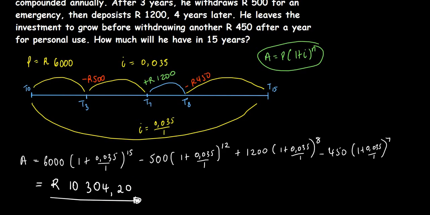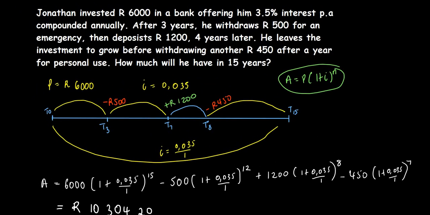So how did we get that? Just as a recap, remember, all you need to do is draw a timeline, but your timeline should be guided by, number one, are you working with years? Since we're working with years and he's withdrawing after years, you can draw your timeline in terms of years. But if he's doing it in terms of months, you need your timeline to also be in terms of months.